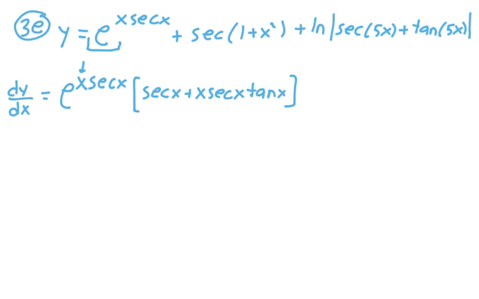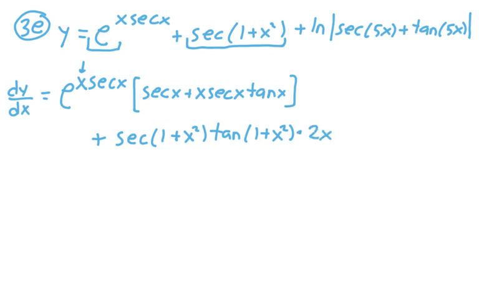And then, given the limited space, I'm going to have to go to the next line to take the derivative of secant of (1 plus x squared). The derivative of secant of (1 plus x squared) is secant of (1 plus x squared) tangent of (1 plus x squared) times 2x. So that's chain rule.